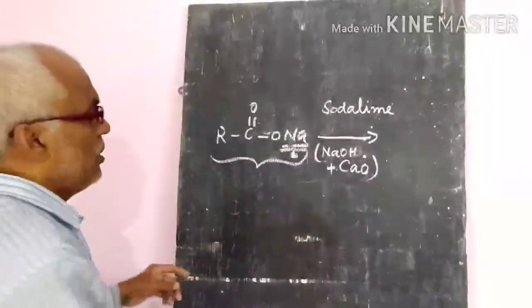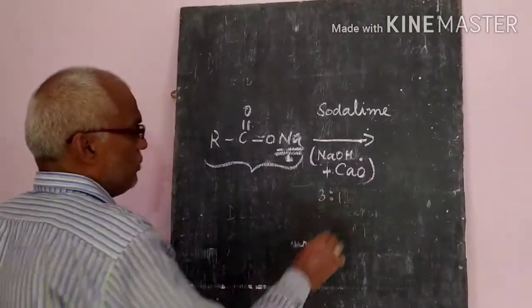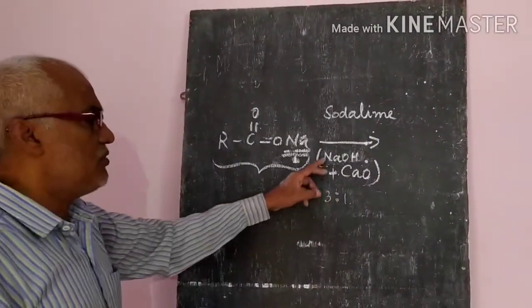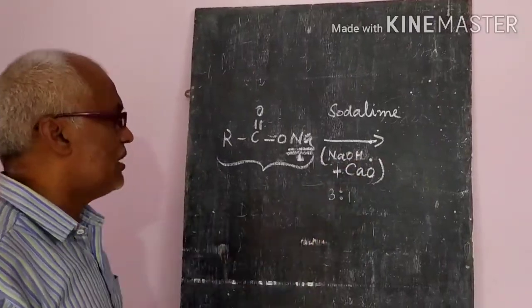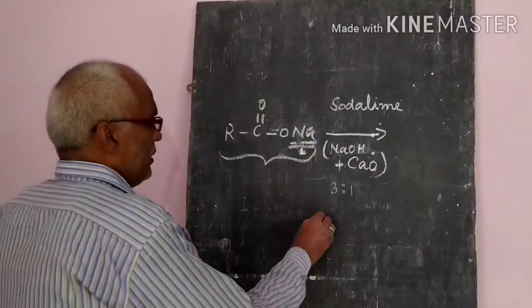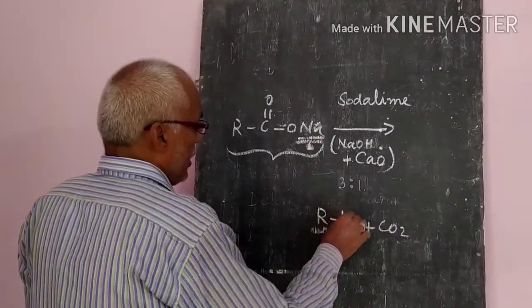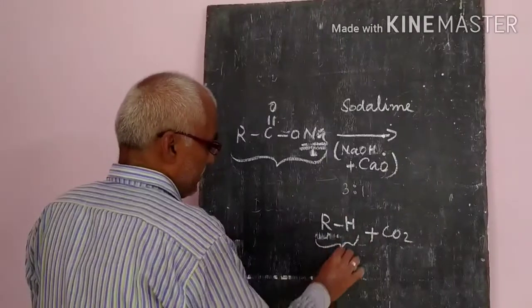In soda lime, the ratio of this mixture should be 3:1. That means 3 parts of sodium hydroxide, 1 part of calcium oxide. In the presence of soda lime, they will release carbon dioxide gas and reduce to the corresponding alkanes.